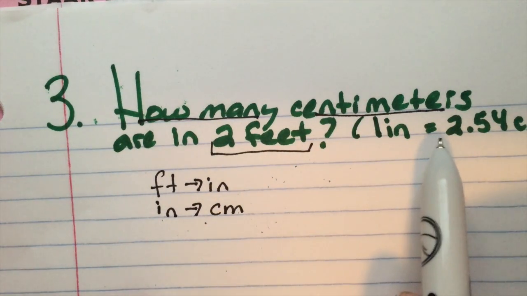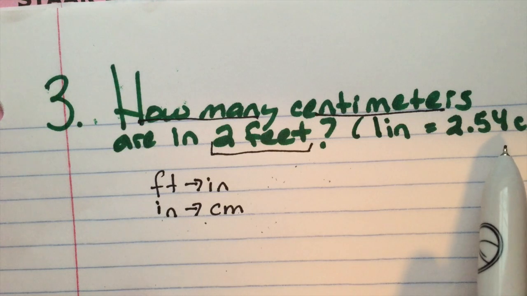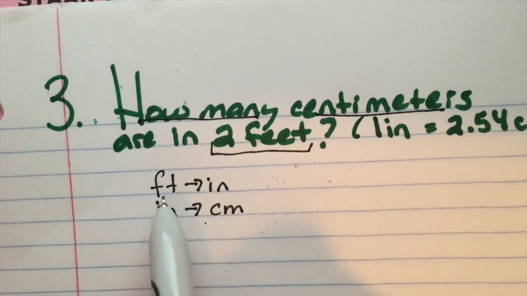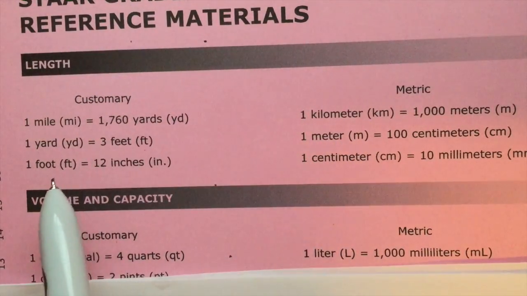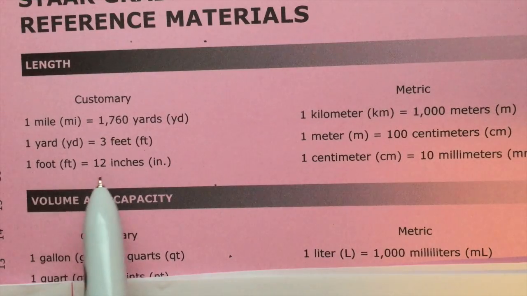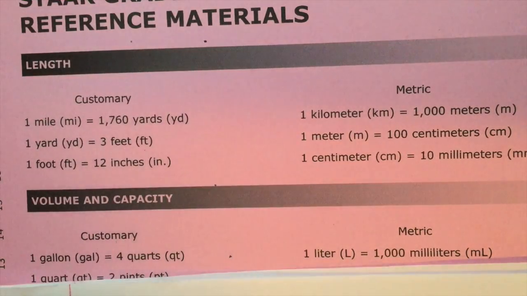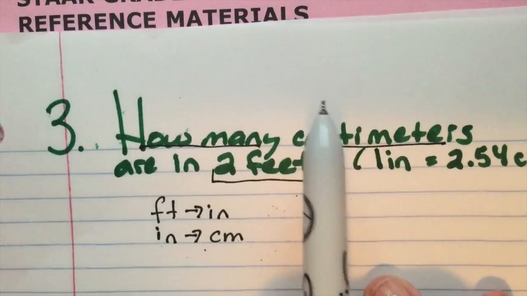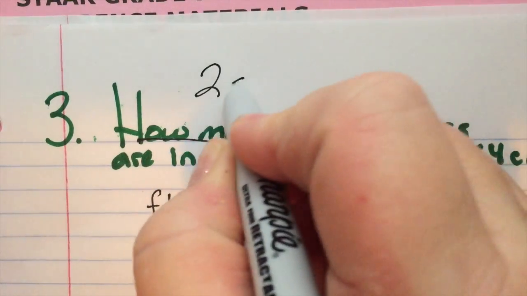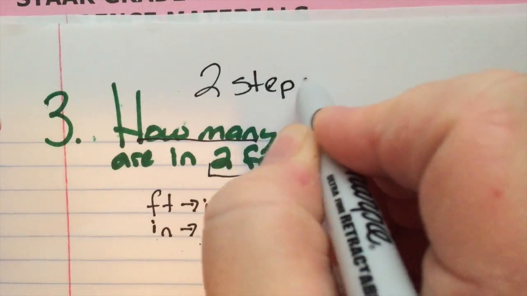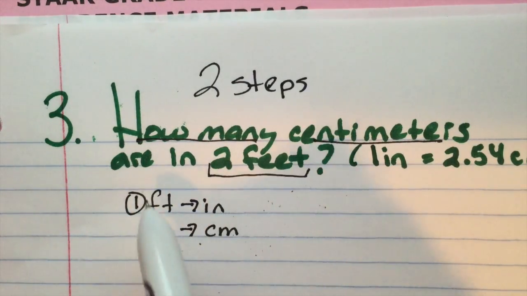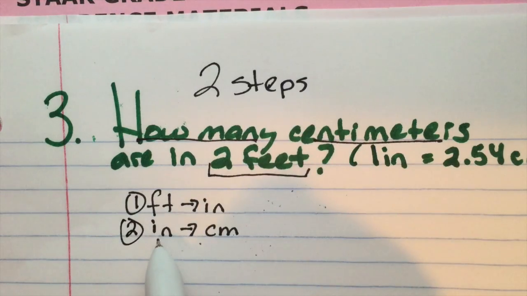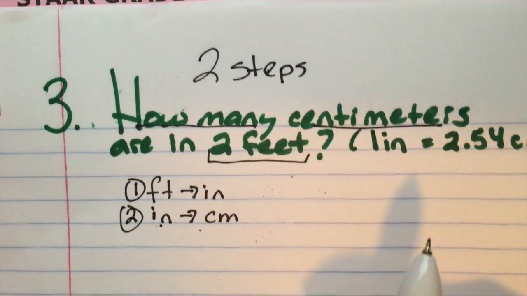I have the information to help me turn inches into centimeters. But how do I turn feet into inches? Well, most of us probably remember how to do that. But if not, you can look here and see that 1 foot is 12 inches. So this is going to be a 2-step problem. Step 1 is changing feet into inches, and step 2 is changing inches into centimeters.